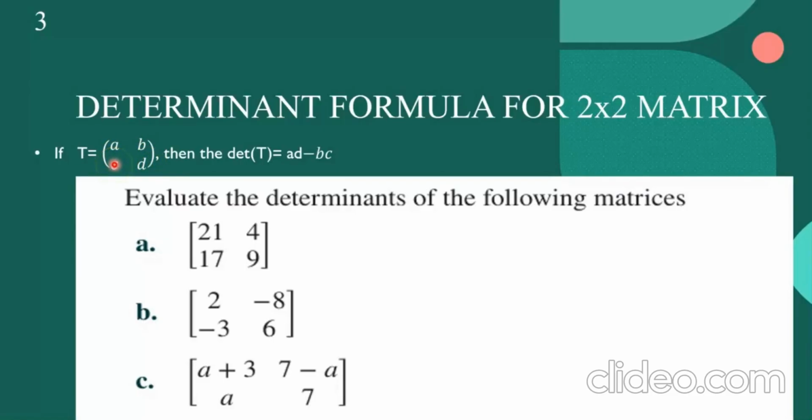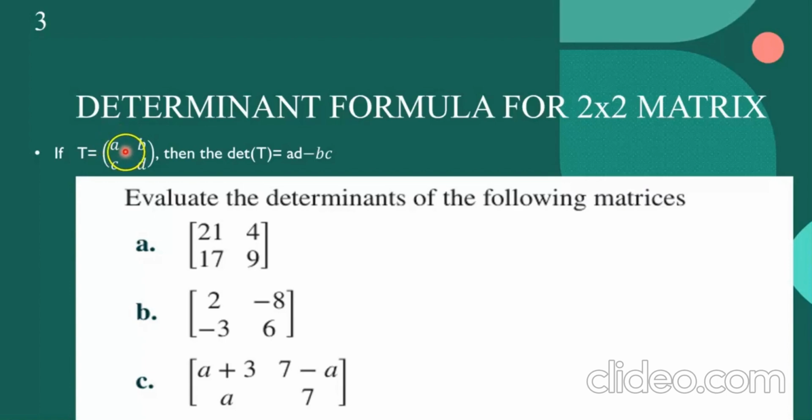Then the line from the left down corner to the top right hand corner is called the minor diagonal. For a 2 by 2 matrix, we use the products of these two lines to calculate the determinant of the matrix.